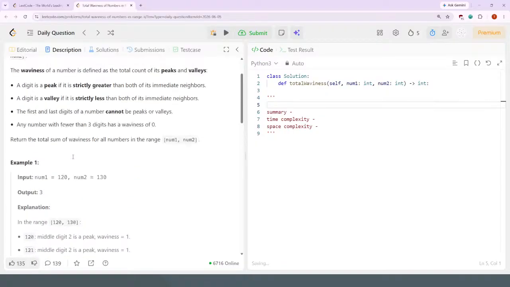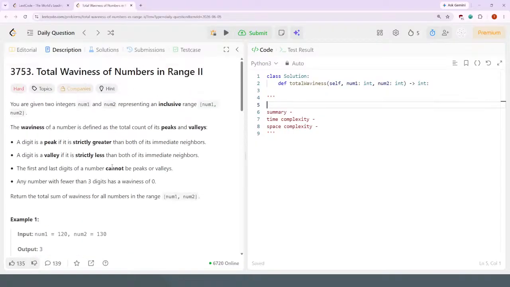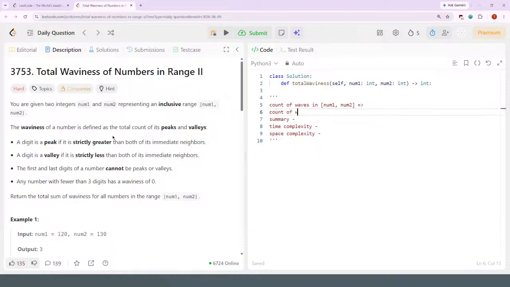So first off, I'm not sure if I put much thought into it, but the first thing that comes to mind is, if you're trying to find the count of waves in num1 to num2, I want to say this should be the same as the count of waves from 1 to num2 minus the count of waves from 1 to num1, or maybe num1 minus 1.